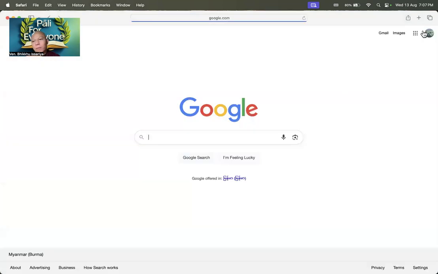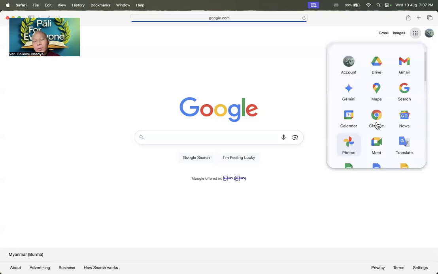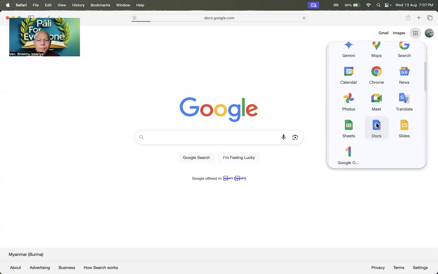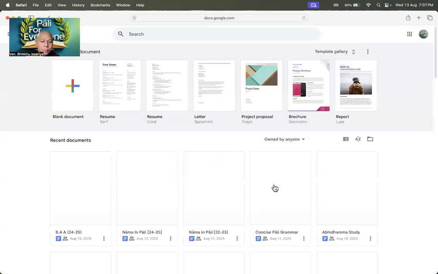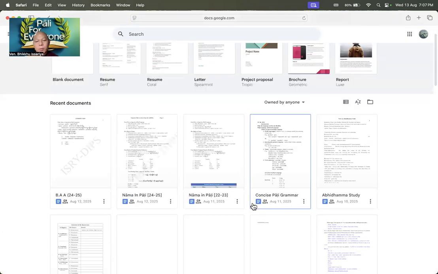So we have completely learned the verb system. Now we will review that one. After that, we can go to the noun system.